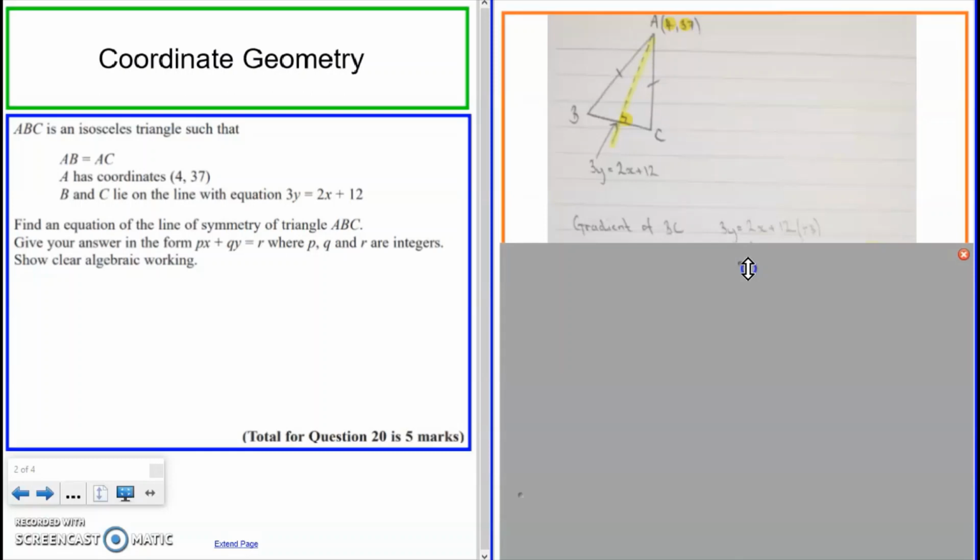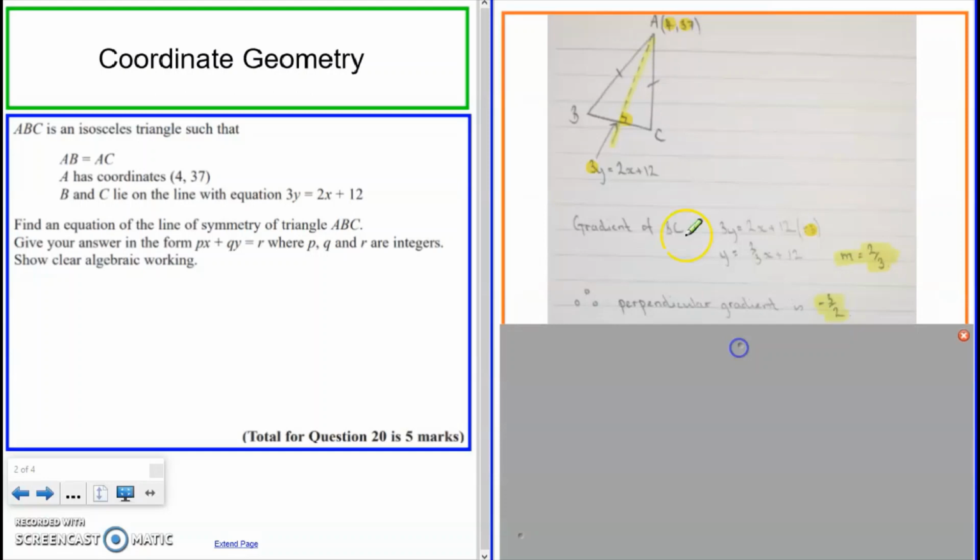In order to find the gradient of BC, I need to put this in the order y equals mx plus c. It's already in the correct order, but I'm dealing with 3 y's instead of 1 y, which is why I've divided by 3. Once I divide everything by 3, I find that my gradient of BC is 2/3.